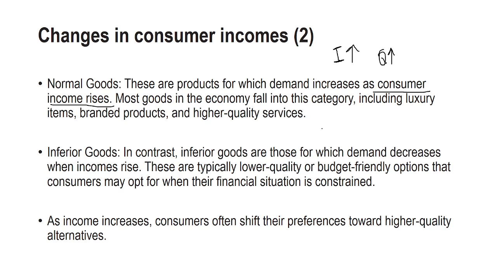When the income of consumers increases, the quantity demanded of inferior goods decreases. These are typically lower quality or budget-friendly options that consumers may opt for when their financial situation is constrained. So as income increases, consumers often shift their preference toward higher quality alternatives.